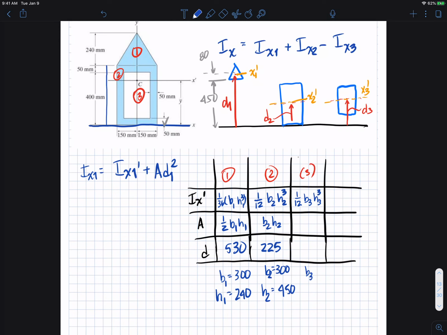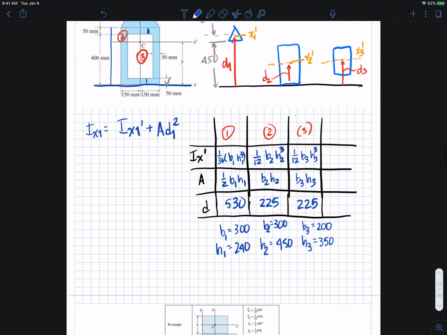So if the wall thickness is 50 on both sides, then the base of that inner rectangle is 200. The height of it is going to be 350, because we have 450, and the wall is 50 on this side, 50 on this side. Area is easy, B3H3. And again, the centroidal distance to the middle of this one is also going to be 225.